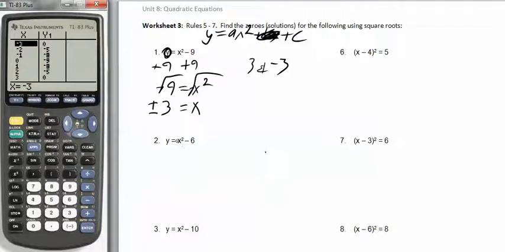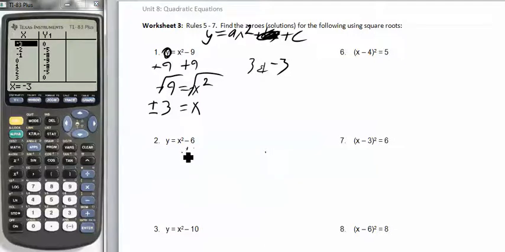Alright, but let's take a look at this next one. In this one, we need to get the x squared by itself, so we're going to add this 6 to both sides. So plus 6 and plus 6. Remember, this is a 0. So we have 6 equals x squared. We take the square root of both sides, because that's the opposite of squaring. And we get x equals plus and minus the square root of 6.